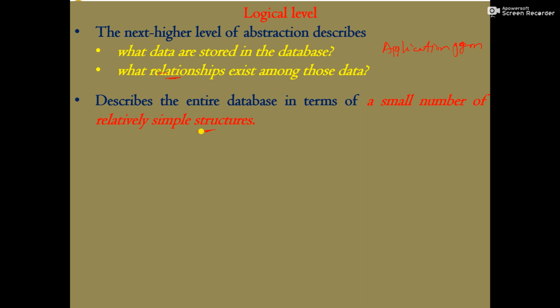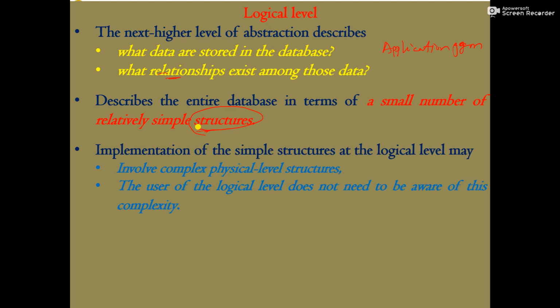Now, the complexity is a little bit reduced on the higher level. By using the simple structures, every database has to be represented to the users. What is the reason I should have structures on the logical view?